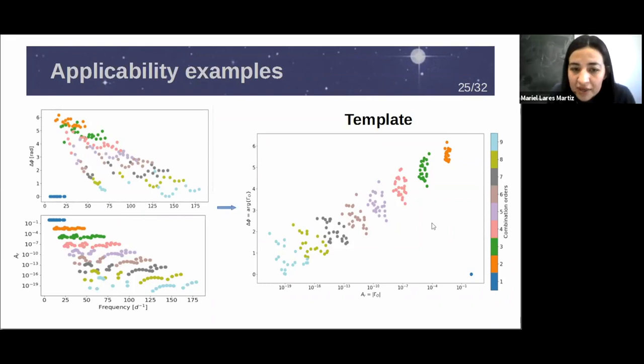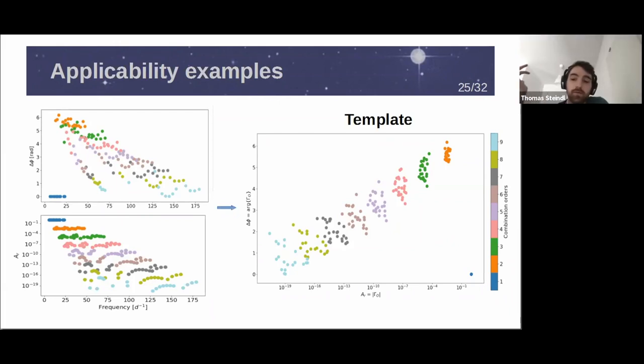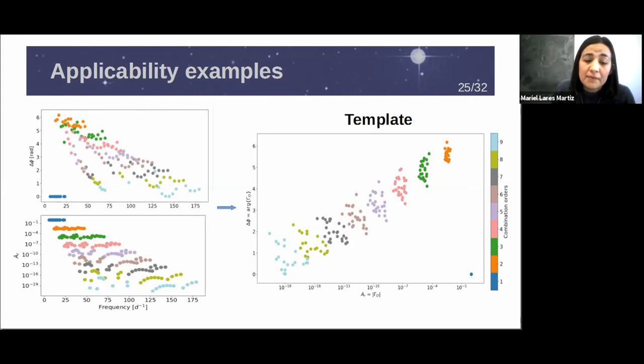Did you mean whether non-radial modes, from parents whose combination frequencies, will match this template also or not? Well, in principle, it could. We don't know if they might end up having the same template. Yeah, we don't know. But the hypothesis is that this is built for high amplitude delta Scutis, which commonly are known to be pulsating in radial modes.